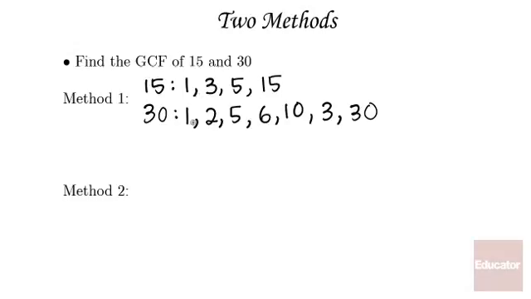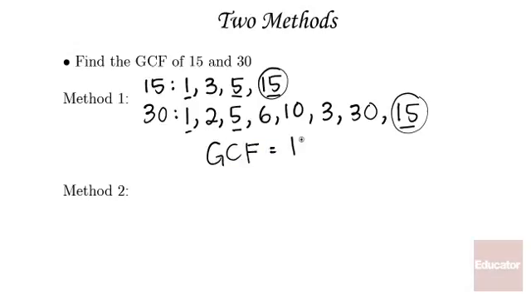Oh, and I have one more, 15. So I look at these and I think of all the common factors. I know 1 is a common factor, 5 is a common factor, and 15 is a common factor. Now those are all considered common factors, but we're looking for the greatest common factor. So for this problem, the answer would be 15. So the GCF is 15.